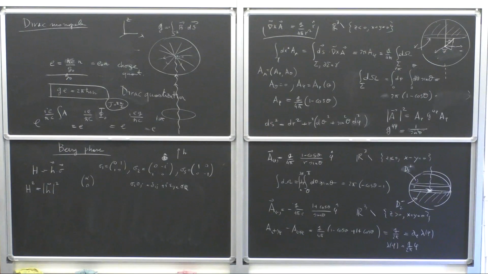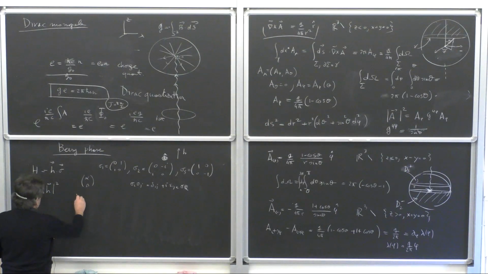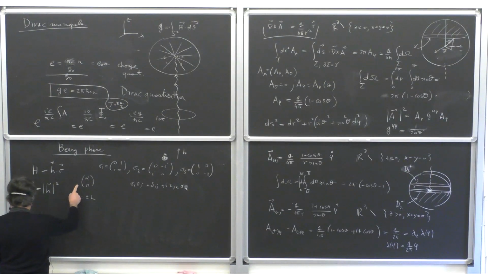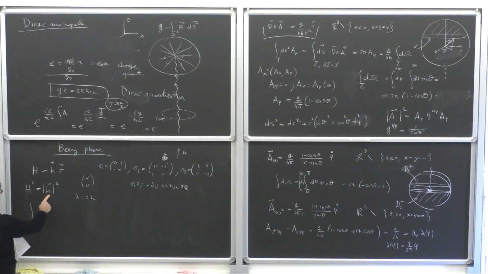Okay, so then it is a two-dimensional space, so the eigenvalues are plus or minus h. Okay, so let's compute alpha and beta, this vector. Okay, well, it's very easy. You can take h as a constant value, okay? In absolute value, you can divide by the absolute value of h, okay?